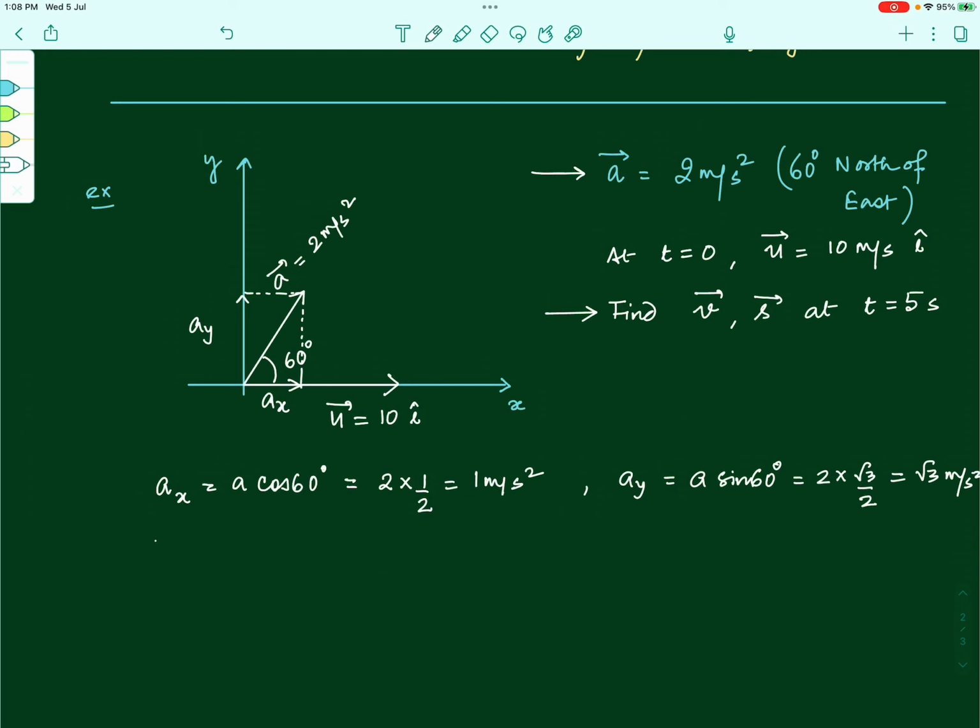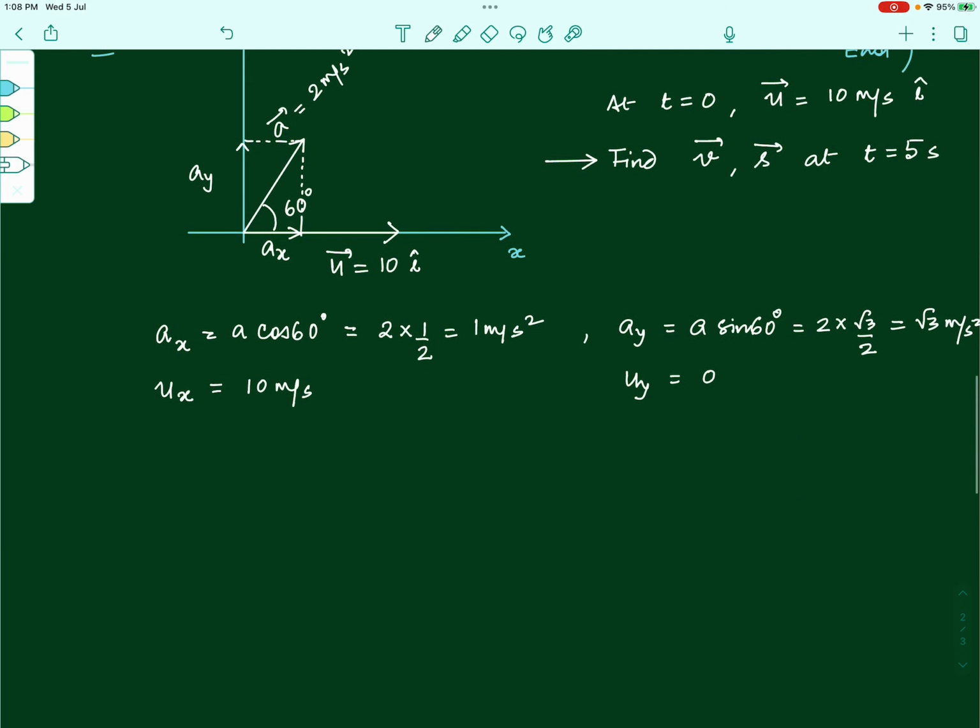Now let's write the initial velocity also. It is given that the initial velocity is all along the x axis, so ux is 10 meter per second, whereas uy is 0. There is no initial velocity along the y direction, right? And now what we can do is, we can use the equations of motion along the x axis and y axis separately.